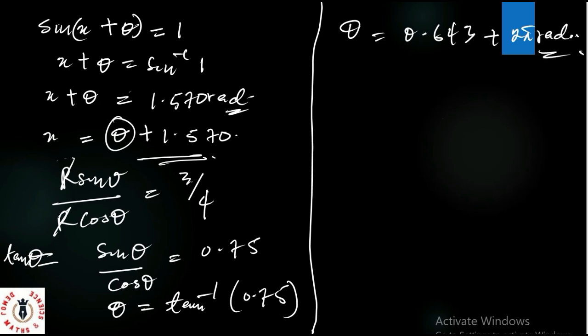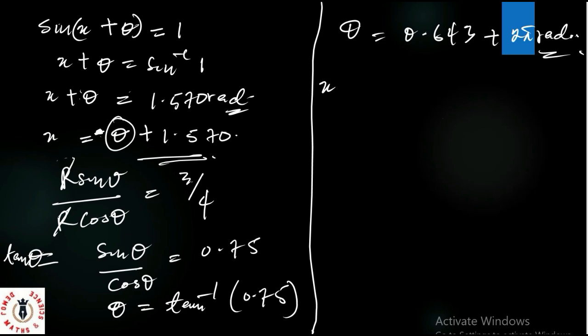Now, so that if theta is equal to 0.643 plus 2 pi, and earlier we established that x is equal to theta plus 1.57. Oh, that's a mistake. Yes, theta. When theta moves to the other side, it becomes negative. So this is going to be minus theta and not positive theta.